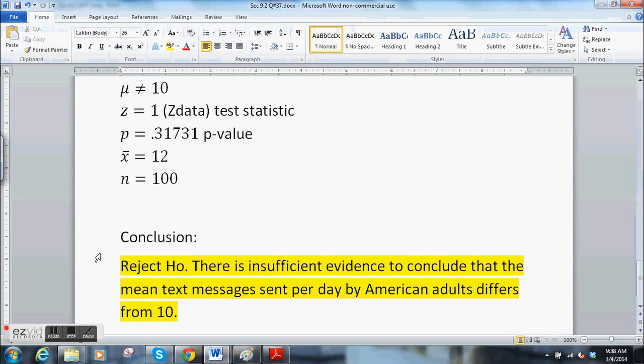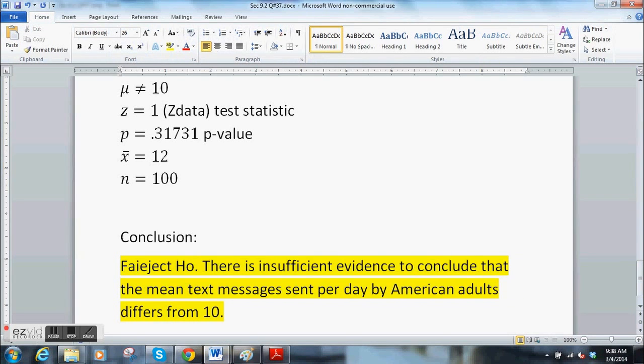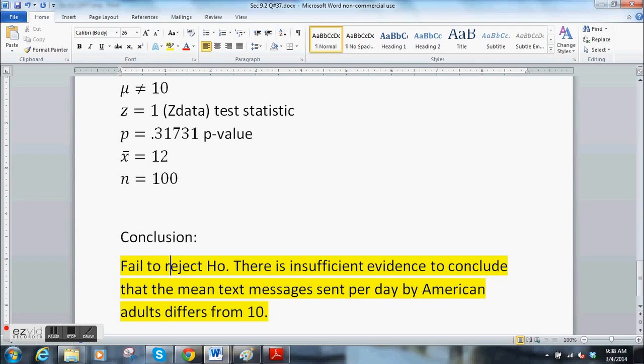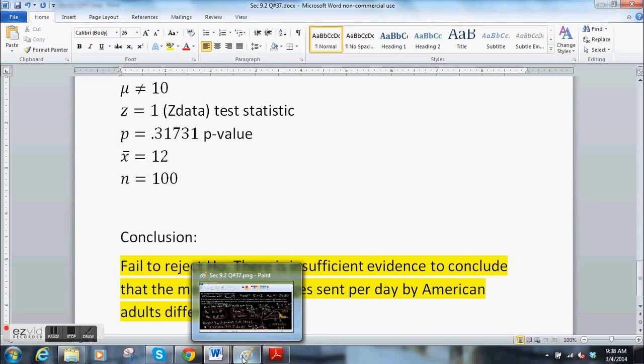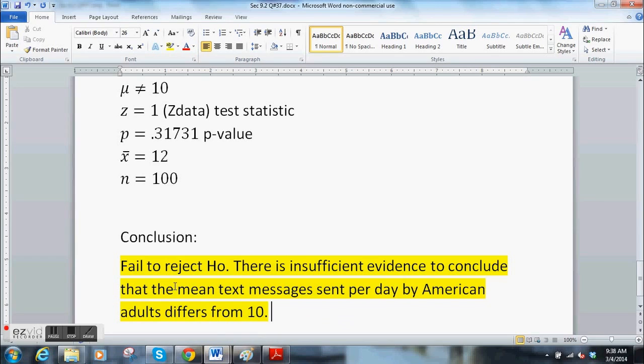We should fail to reject H0. So go back here. Aha. Fail to reject H0. There, I fixed it. And you want to include a sentence like this. So, that's how you do it. It's not as bad as probability. We just made a decision. Americans do not send a number different from 10. I think they actually do. Old data. Okay, moving on.